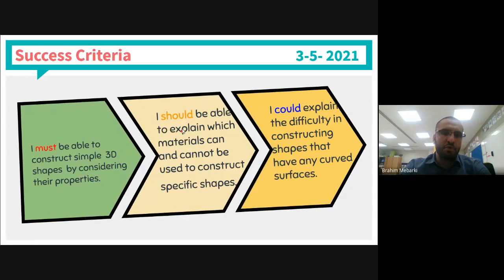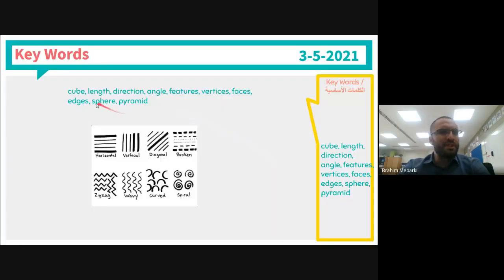Most of you should be able to explain which materials can and cannot be used to construct specific shapes. Lastly, some of you could explain the difficulty constructing shapes that have curved surfaces, like a cylinder or a cone. The most important keywords in our lesson are: cube, length, direction, angle, features, vertices, faces, edges, sphere, pyramid.